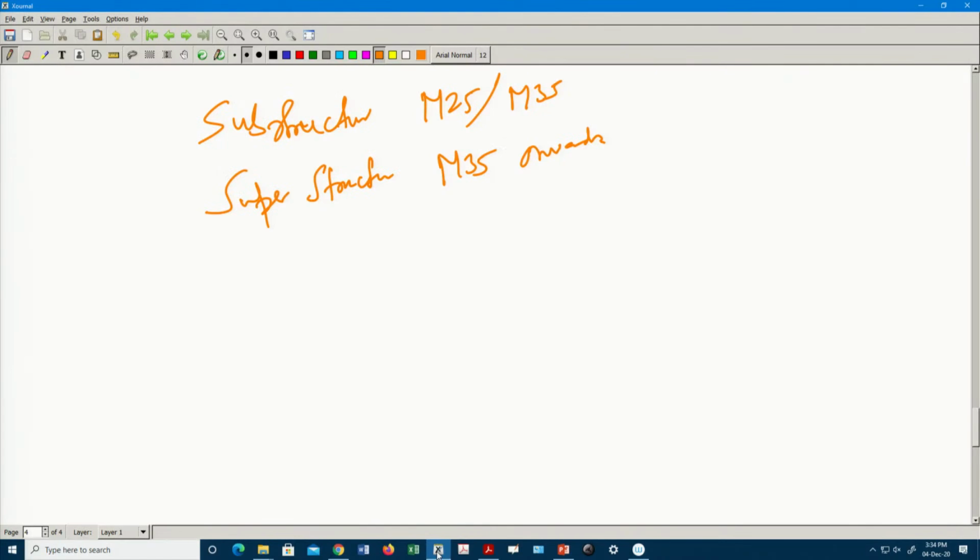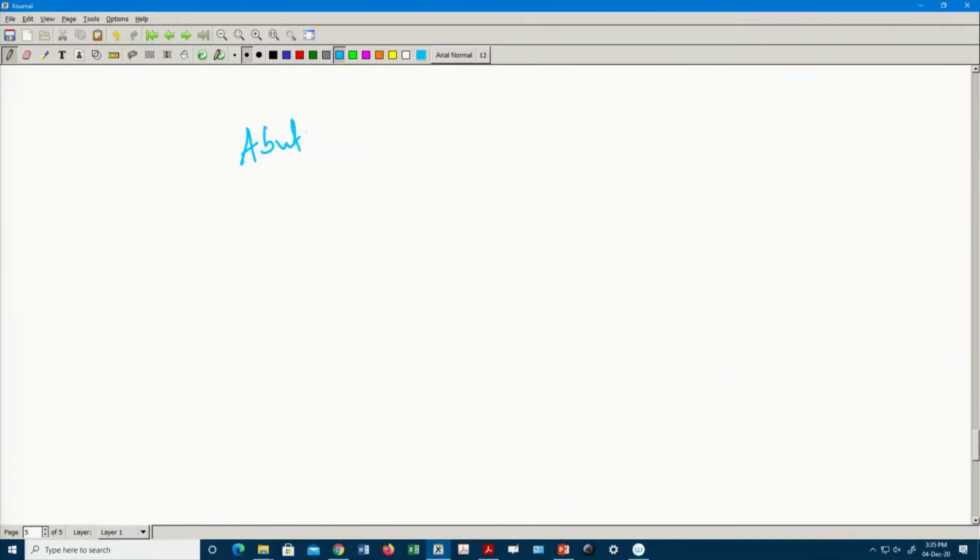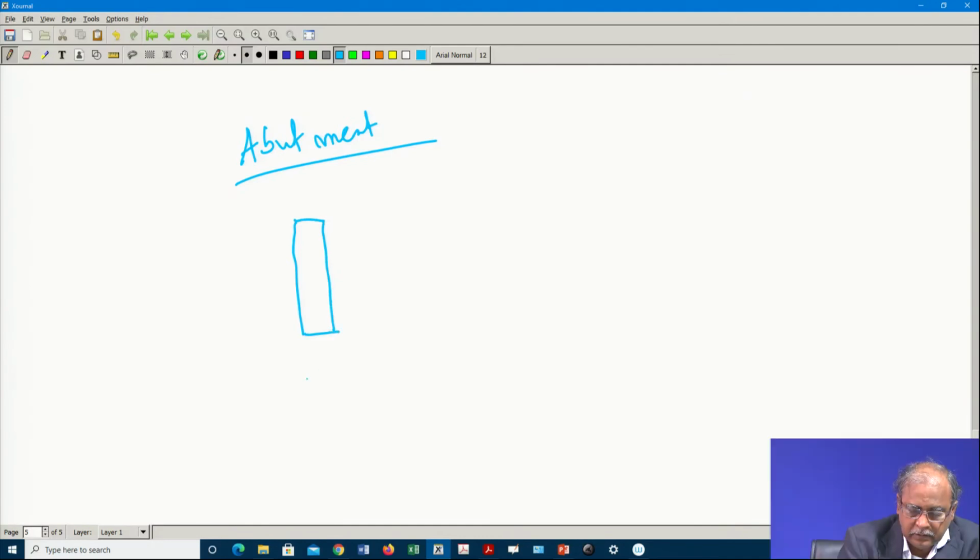Okay, but in the meantime, let me tell you something about the column. I do not know what you are trying to say, it is not clear to me. For a building are you talking, or okay, there are two things. One is abutment. Whenever you are talking abutment, this is the plan and we have a bearing.